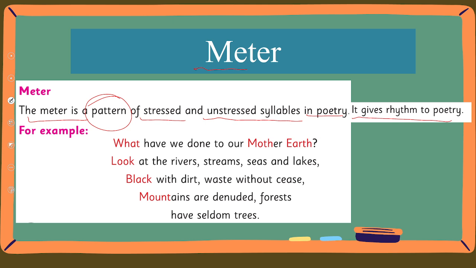So, stressed and unstressed is a pattern which we call a meter. Now, what does it do, dear students? It gives rhythm to poetry. It gives a musicality to the poem which makes it interesting for children, for kids to sing. These highlighted words are the stressed words in our poem.